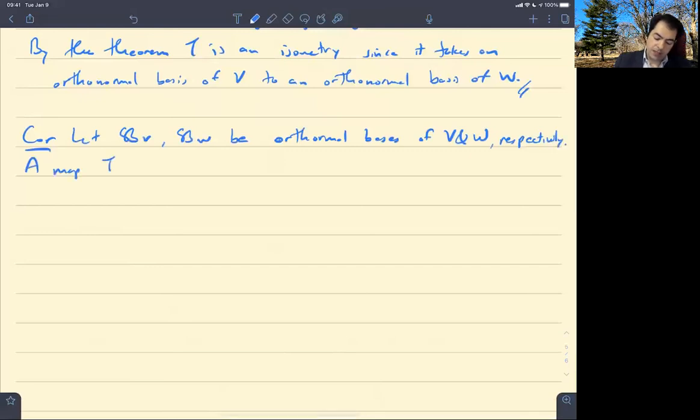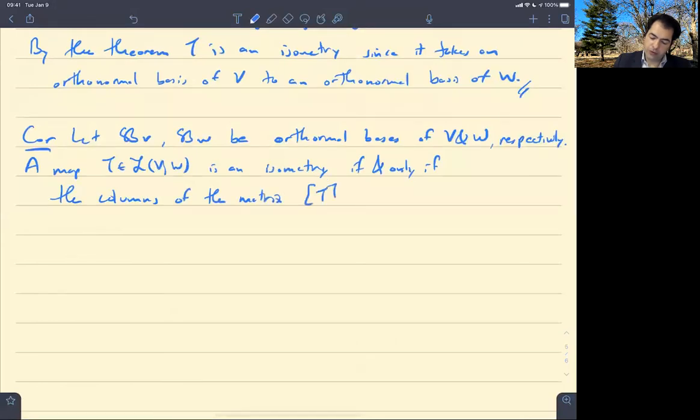A linear map T between V and W is an isometry if and only if the columns of the matrix associated to T with respect to these bases form an orthonormal basis of Fn.